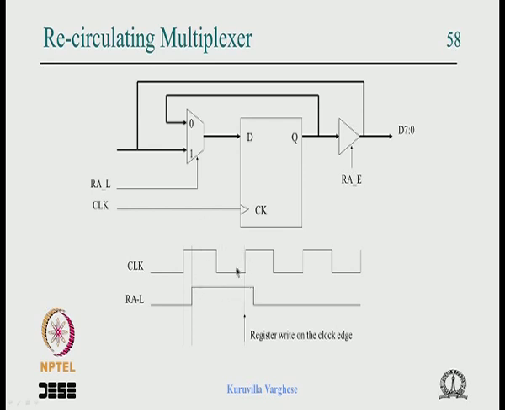In the next clock edge, when the clock comes here to the register, the data coming in from here gets latched, and the data has a lot of setup time, you have all the time to set it up, because it gets enabled much before the latching clock edge. So that is what this recirculating mux does.